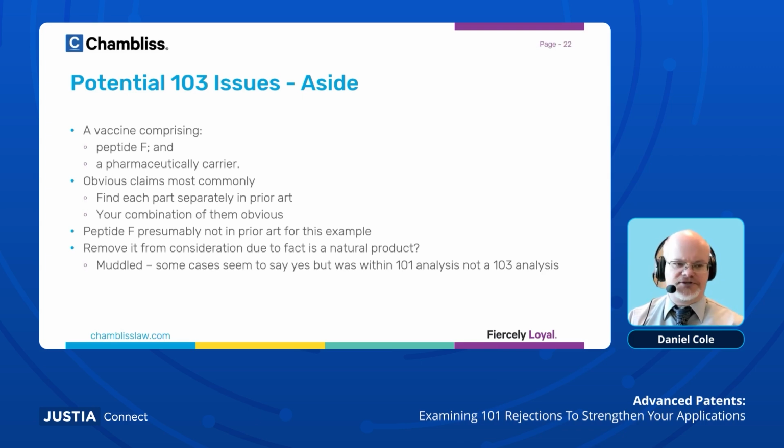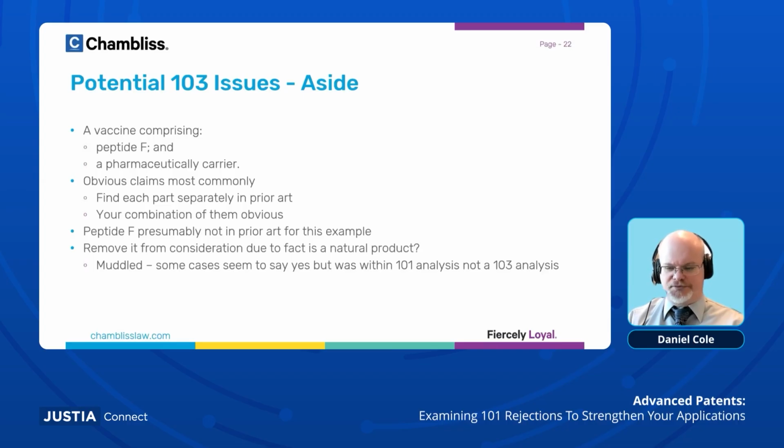This is a bit of a side. Just going to go over this quickly. When you're doing obviousness, you've got peptide F, you've got a pharmaceutically acceptable carrier. Obvious claims most commonly find two things in the prior art. What you're doing is combining them. The way you're combining them is obvious. If you look at peptide F and presumably say that peptide F is not in the prior art, maybe you remove peptide F from your claim to make it consideration as a natural product.